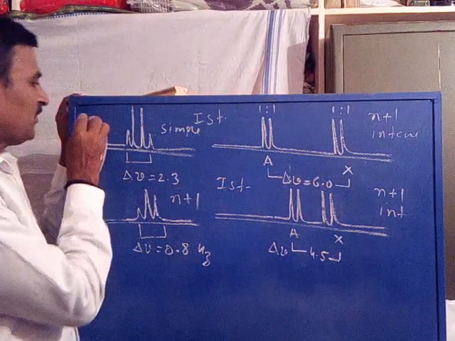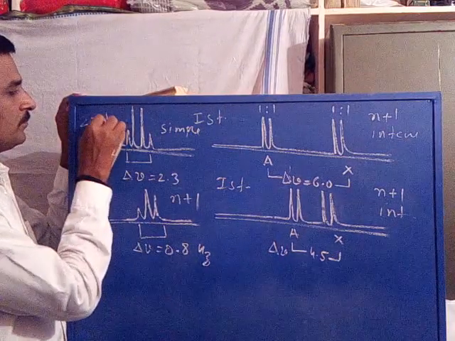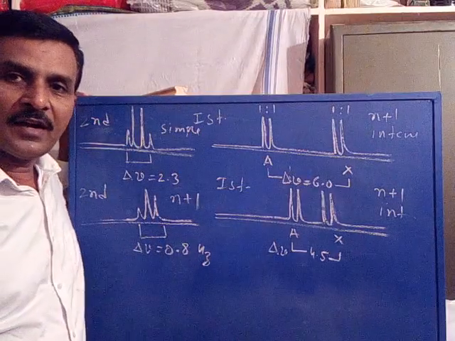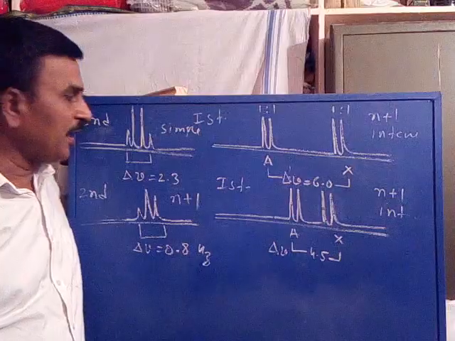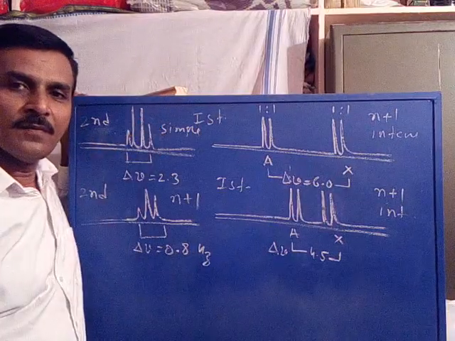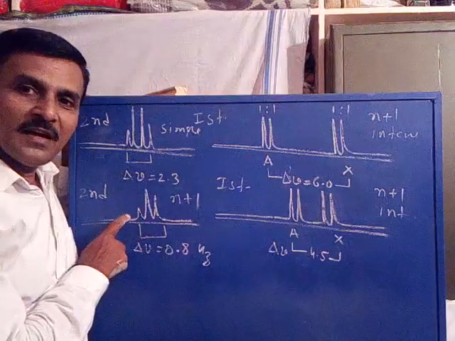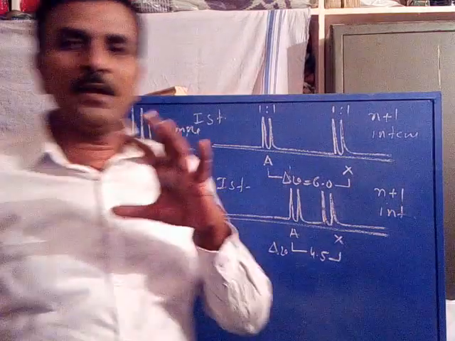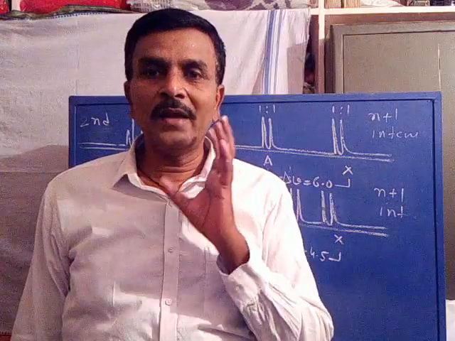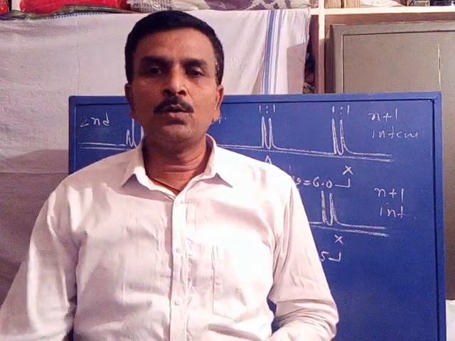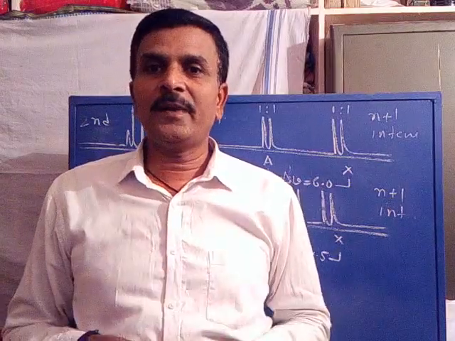Now, this is a second order spectrum. This is also a second order spectrum, where the intensity gets distorted and the multiplicity is also distorted. Therefore, the simple intensity rule and simple multiplicity rules are not applicable to the second order NMR spectrum.